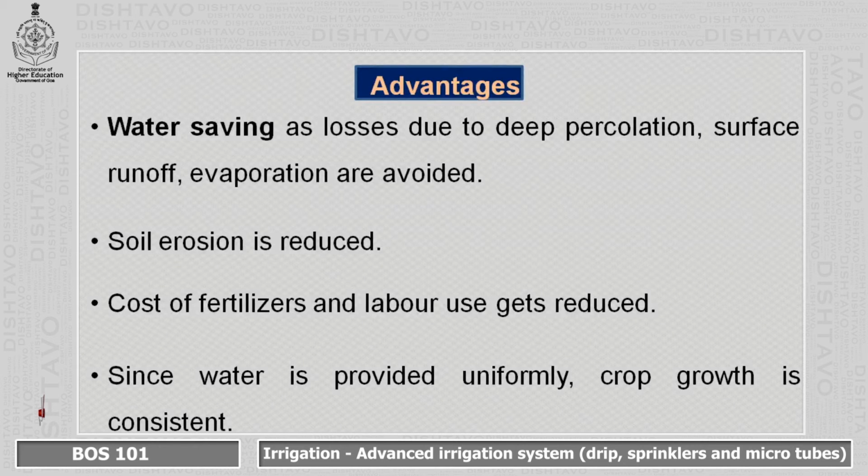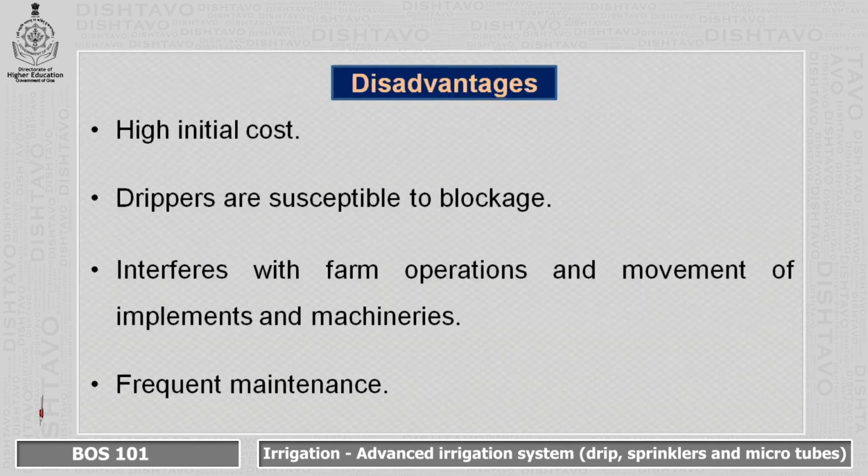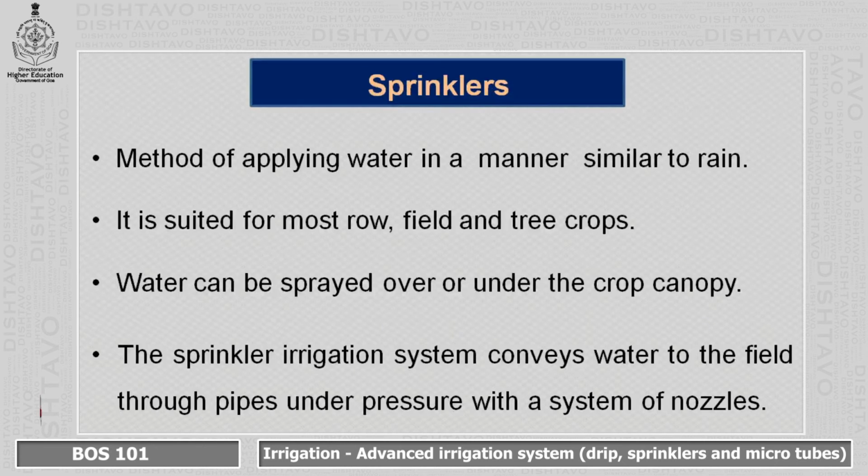Since water is provided uniformly, crop growth is consistent in this kind of irrigation system. Disadvantages: high initial cost. Drippers are susceptible to blockage. It interferes with farm operations and movement of implements and machineries. It requires frequent maintenance.